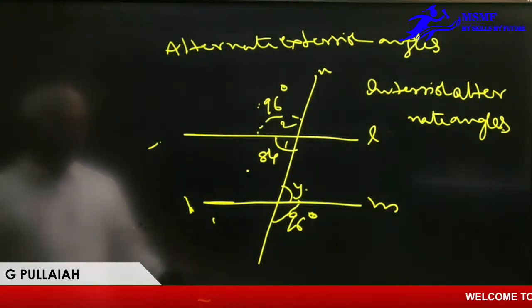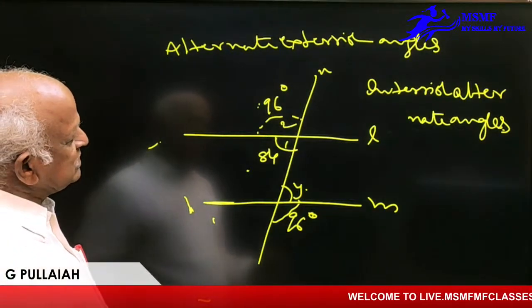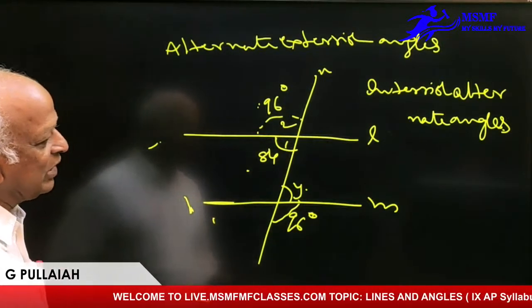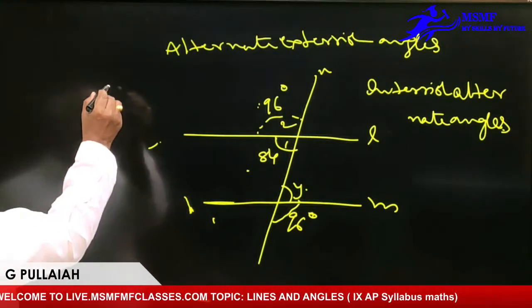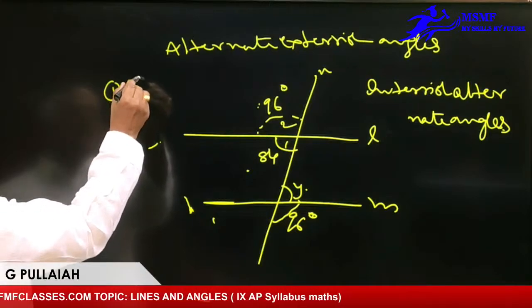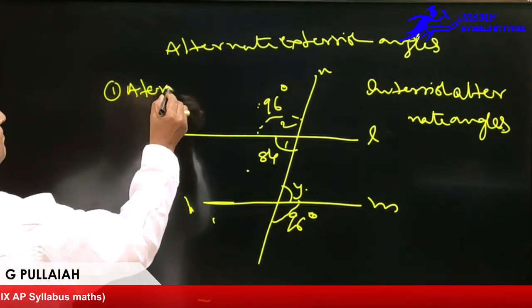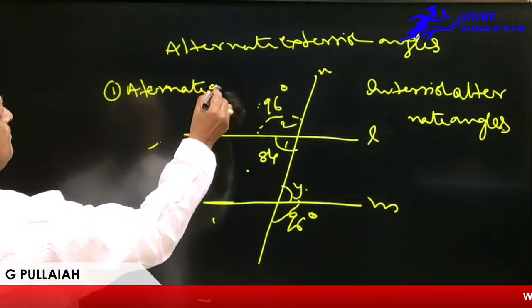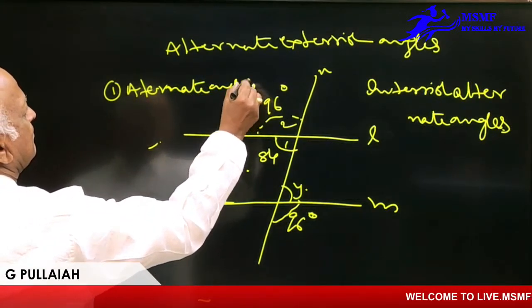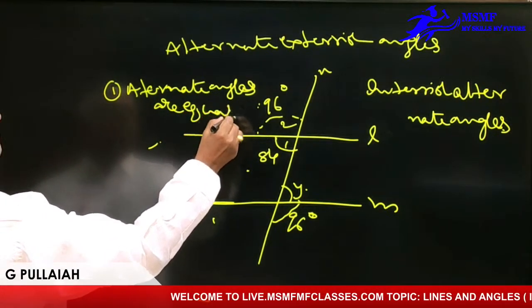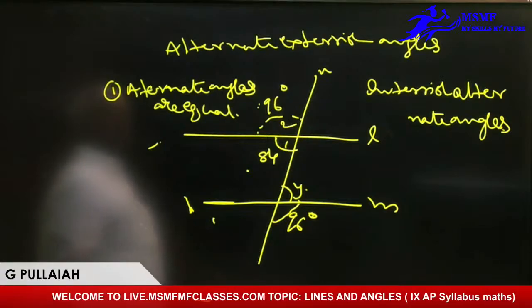So what do we learn here? Two things are important here. From this diagram, we can learn two things. Number one, alternate angles are always equal.